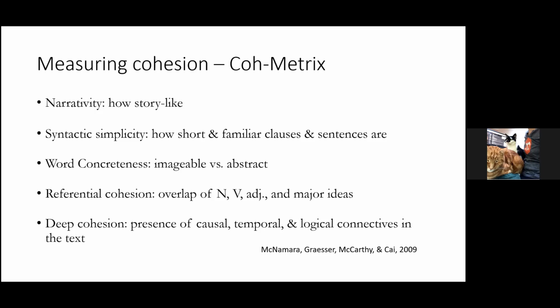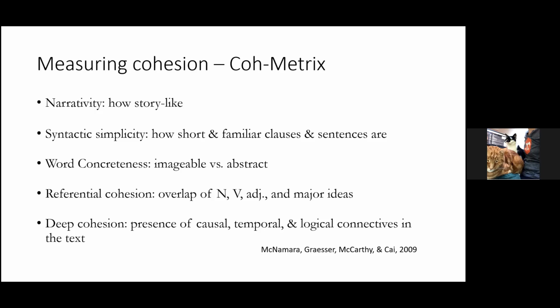So the she in that second sentence is referencing Rebecca in the previous sentence. It's creating some overlap, but you're still having to make an inference about who she is referring to. So that's referential cohesion at the sentence level.